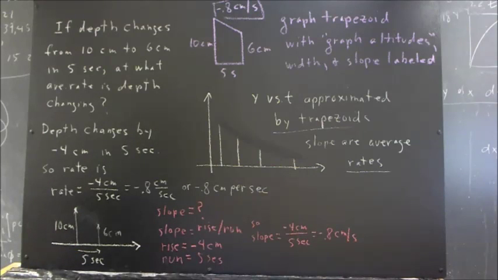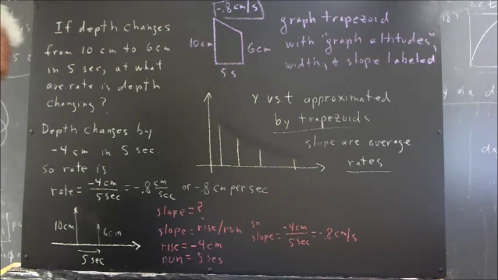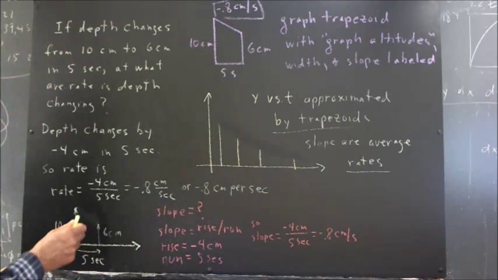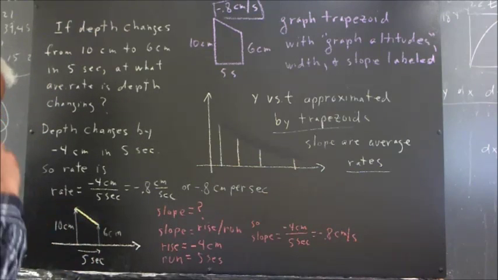Now, the depth probably doesn't change at a uniform rate. If this is a flow situation, you know the rate is slowing. But we're going to say, okay, over this 5 seconds, there is some change in the rate, but not a lot, and we're going to go ahead and just approximate this by a straight line from this point to this point.